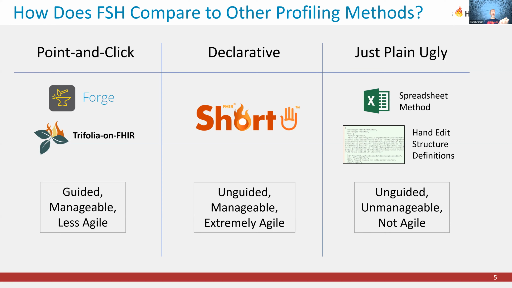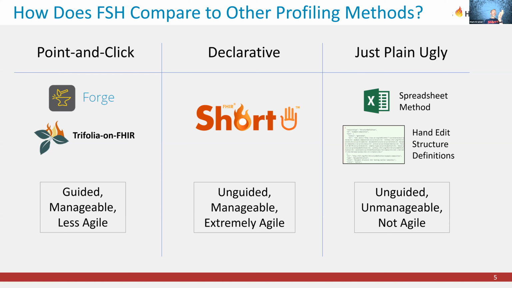These are UIs that kind of guide you through the process of creating an IG, implementation guide. They're quite manageable. They help you along the pathway, so they keep you sort of between guardrails. The only disadvantage is that they are a little bit less agile. And if you have large scale changes to make, you're going to end up clicking a lot.